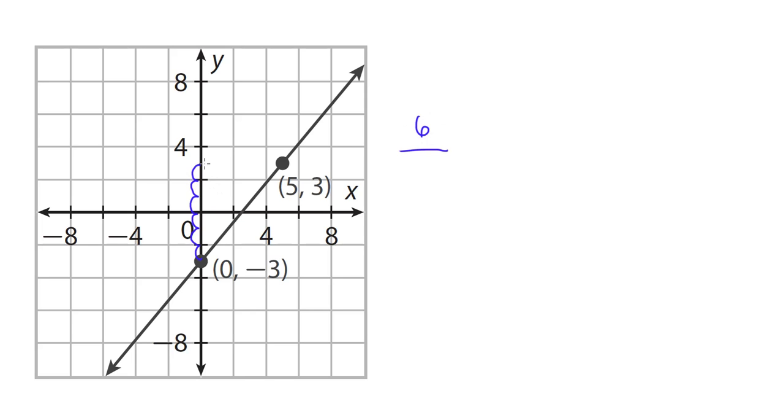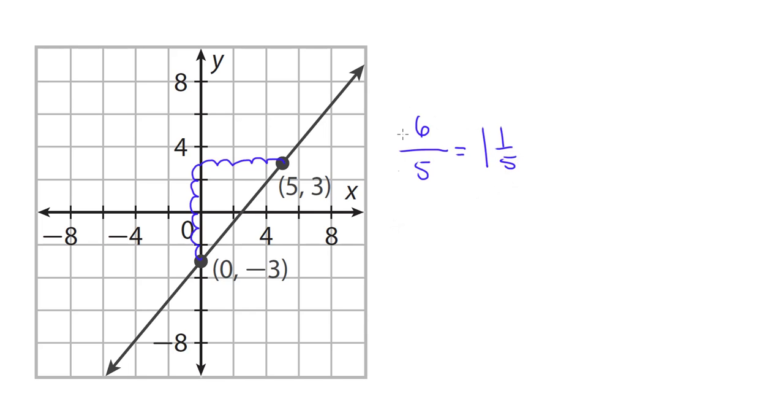And then to the right, 1, 2, 3, 4, 5. Again, because the scale is counting by 2's. So here, the slope of this line is 6/5, which can also be written as 1 and 1/5.